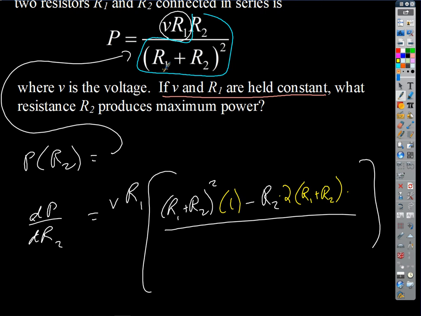The derivative of R2 is 1. Okay, divided by the denominator squared. So (R1 plus R2) squared squared is just (R1 plus R2) to the 4th, right? So on the bottom we get that.